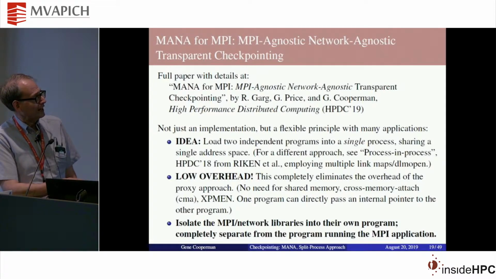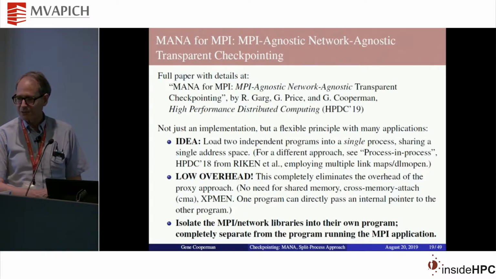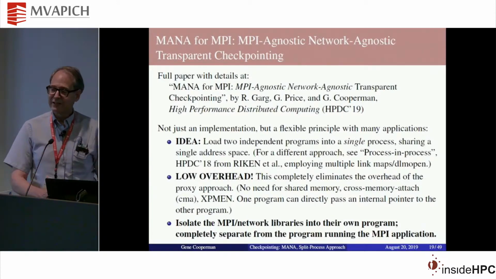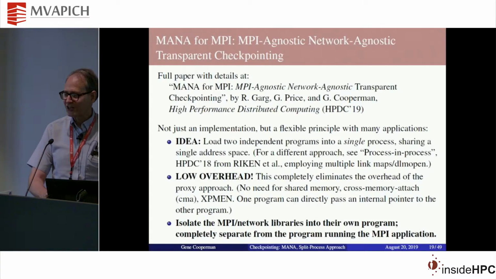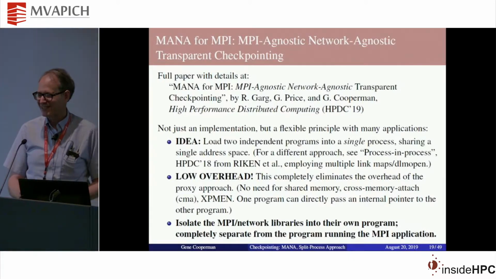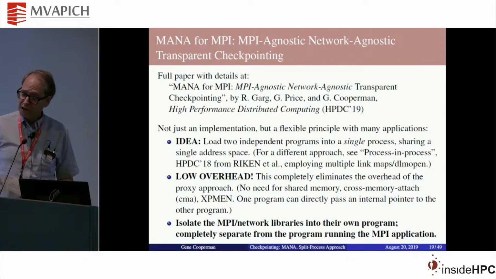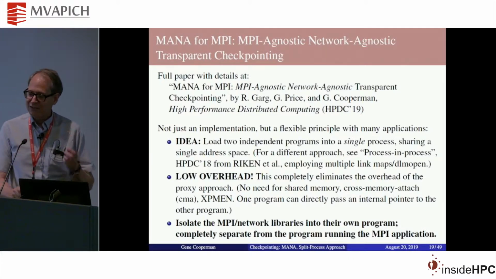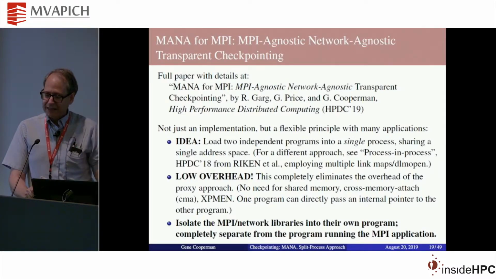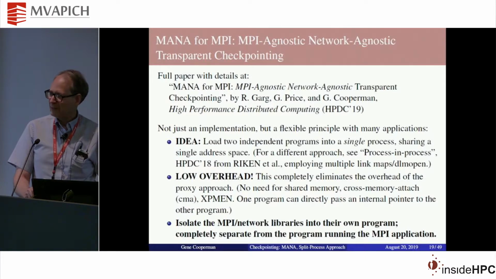Next, we finally have that low overhead. We're getting rid of that 6% overhead because we don't need to do cross-memory attach or shared memory. It's a single process. Single process, two programs, but now we have this magic feature that the application program can pass a pointer down into the MPI program.